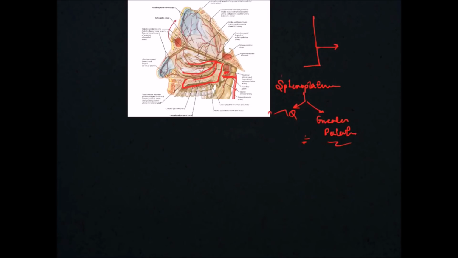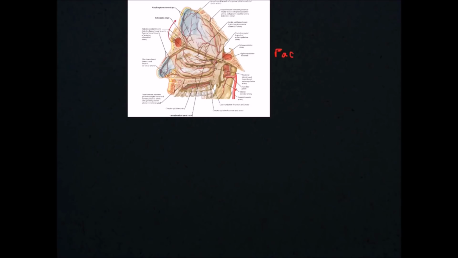Next point is, we have seen one branch of the external carotid artery. The next branch of the external carotid artery is the facial artery. So the facial artery arises from the external carotid artery.